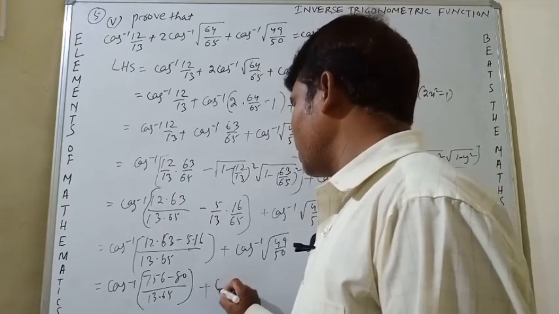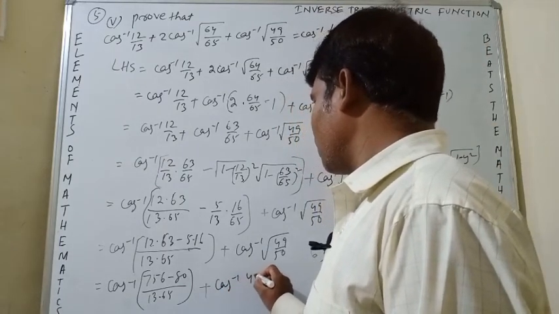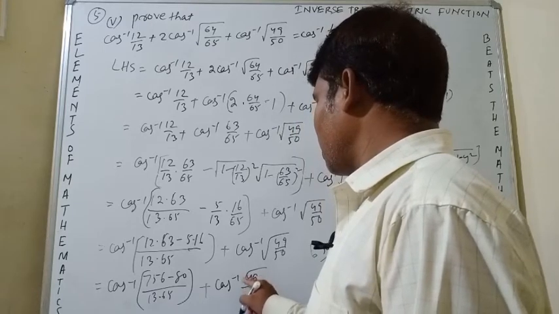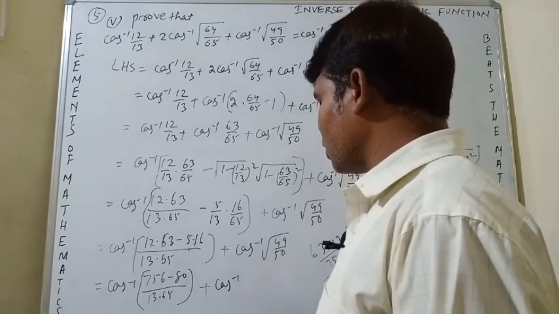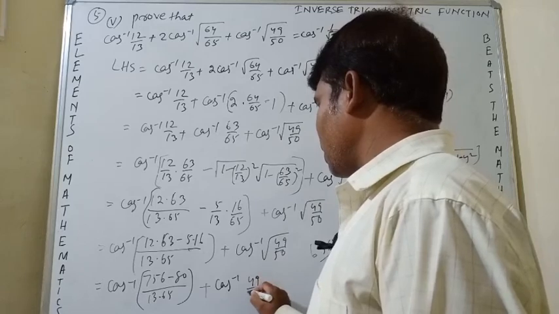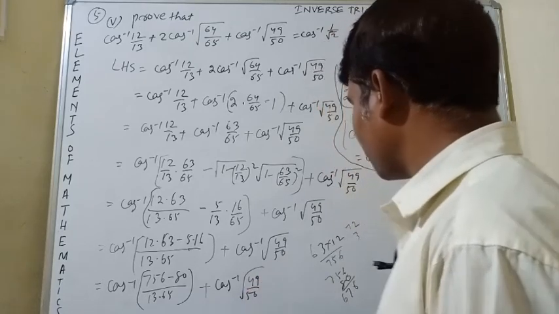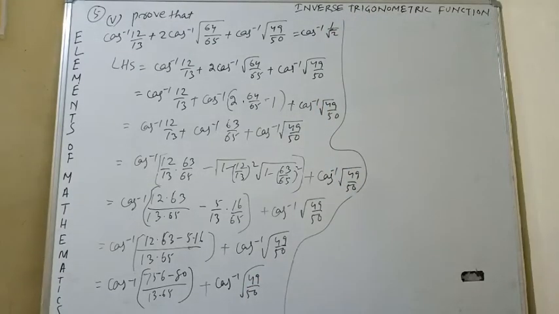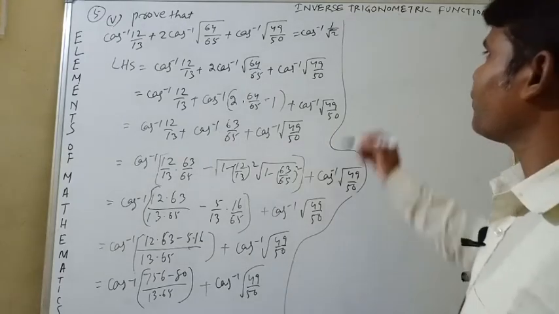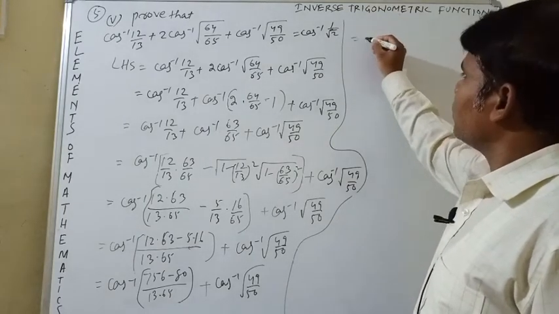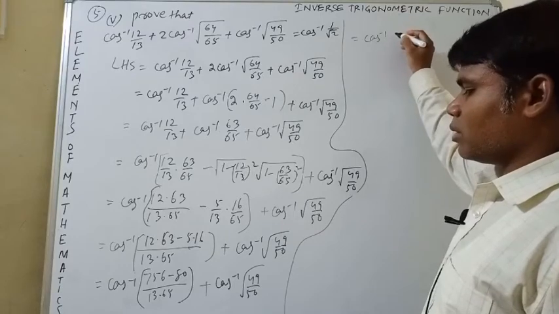plus you write cos inverse root over 49 by 50. Okay, next you see is equal to cos inverse.